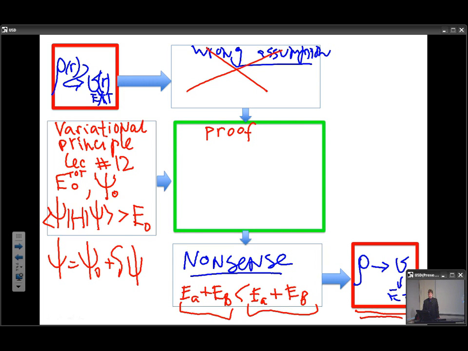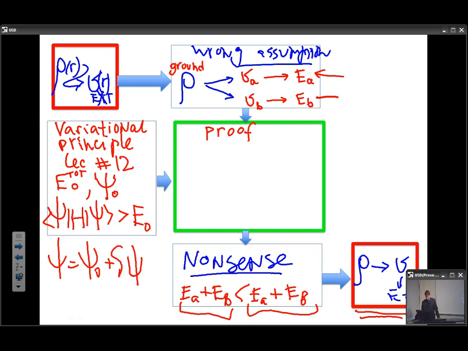So what is our wrong assumption? So the wrong assumption is that in case we do have an electron density, we can obtain two different external potentials, and therefore we can obtain two different total energies, with understanding that original density was corresponding to ground state.